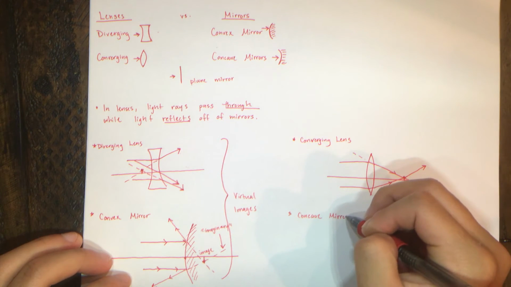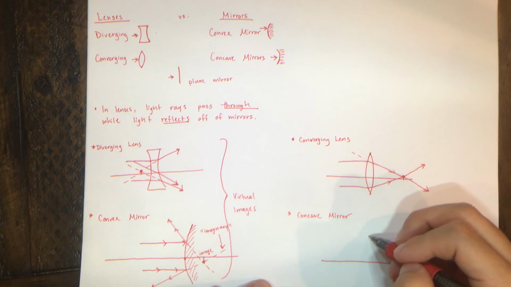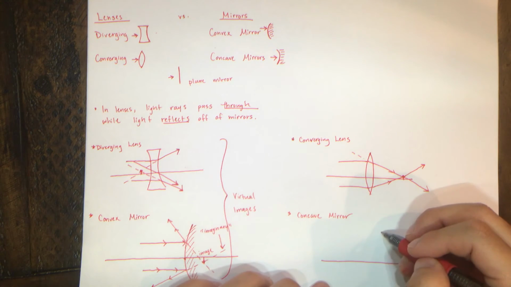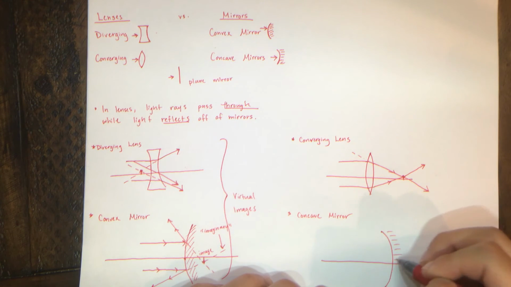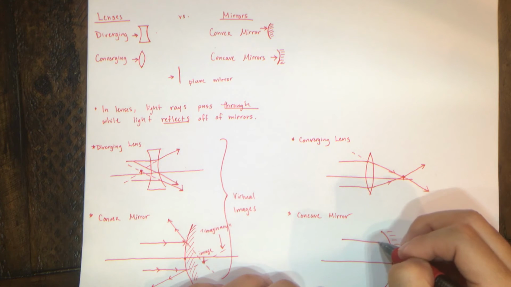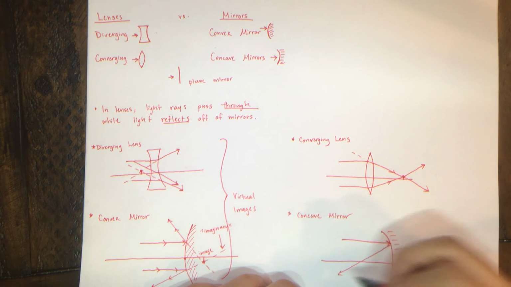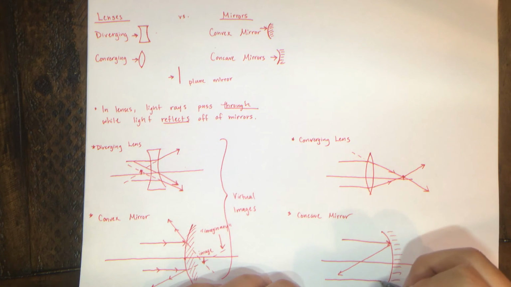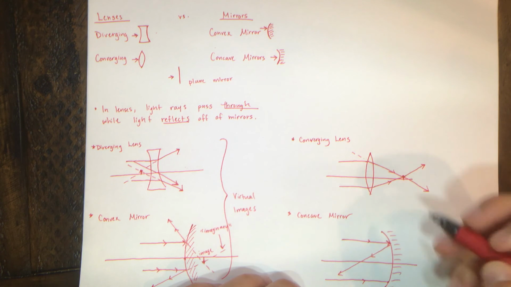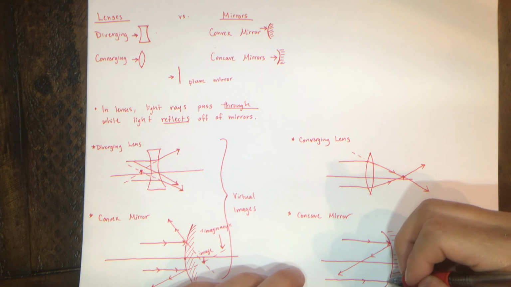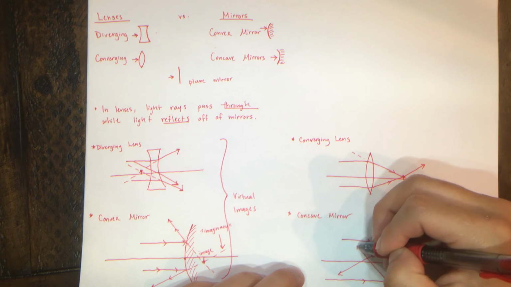Now, a concave mirror will look like this. This is the back side of it. If we have a light that comes in this way, it will reflect downwards. Same as this. It's going this way, and this will come up like this, and just keep on going.